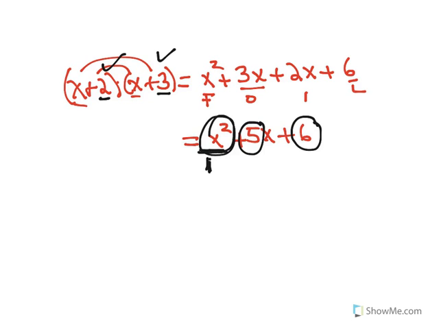In other words, when the coefficient that goes with the quadratic term, the a value, is 1, then we can rewrite this into a product where the middle term is the sum of the two numbers, and the last term is the product of the two numbers.